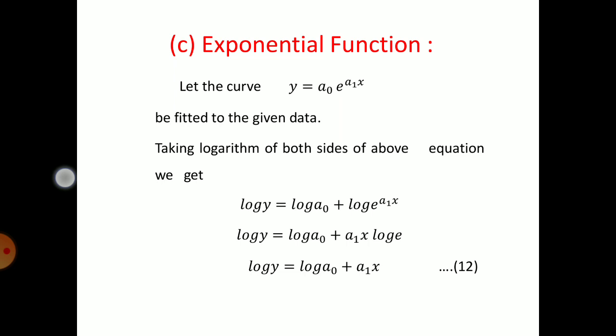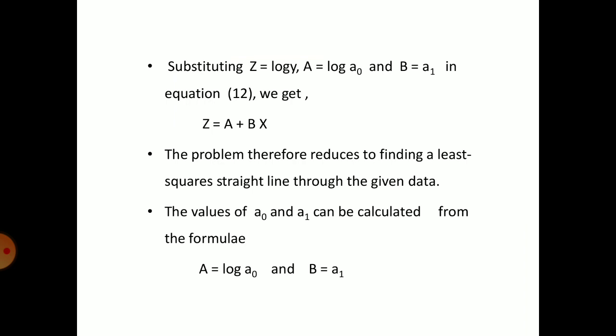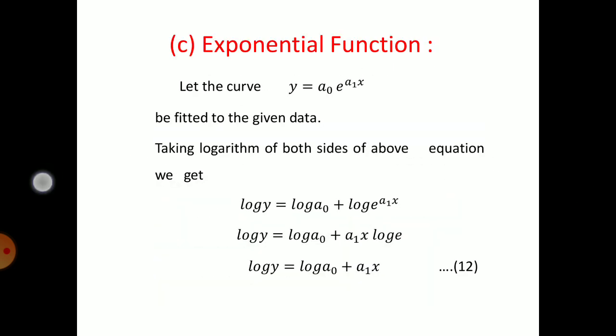Again, it can be written in the form of y is equal to a0 plus a1x. That means it can be converted into the form of linear curve fitting by using the substitution: capital Z is equal to log y, a is equal to log of a0 and b is equal to a1 in equation 12.